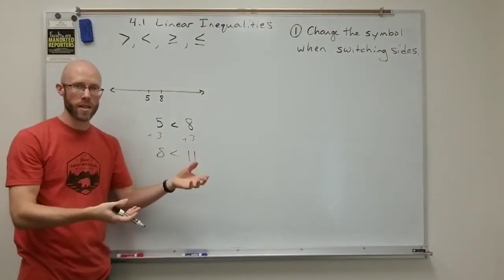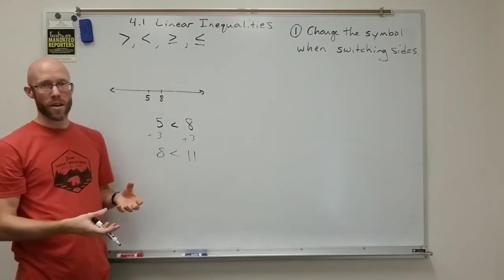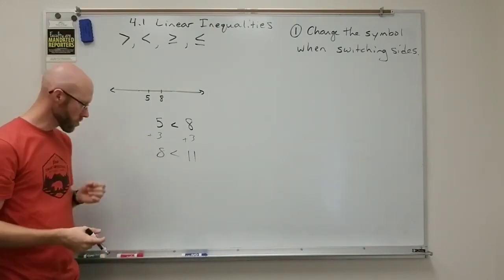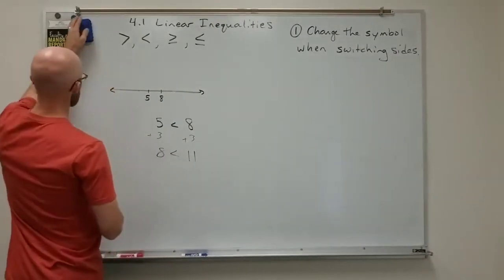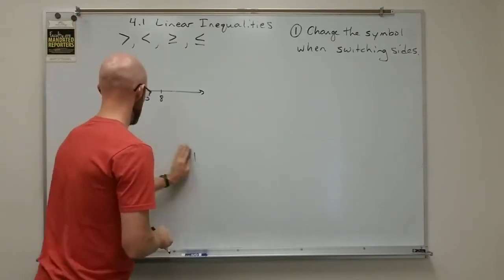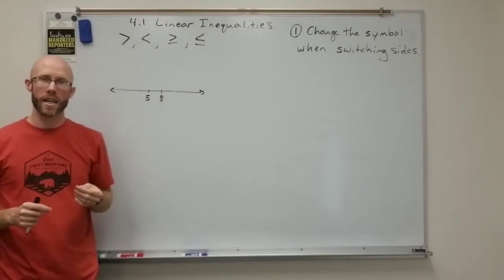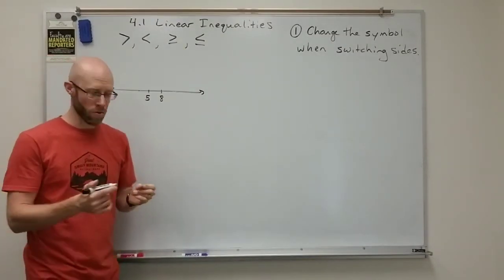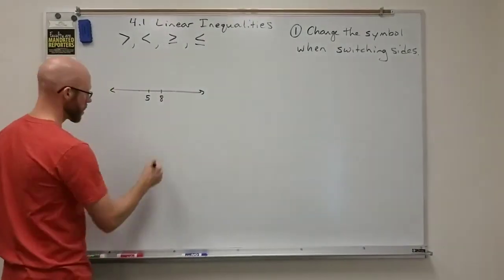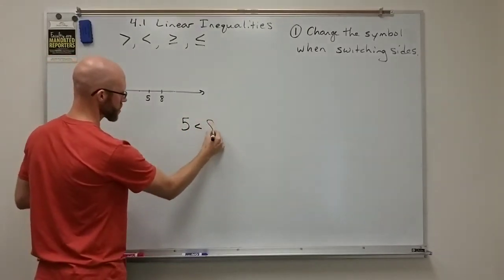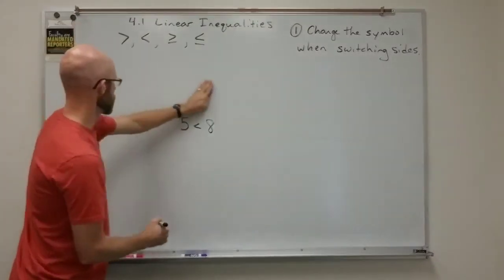Same with subtracting, and really same with a lot of multiplying and dividing. The only exception is going to be when we multiply by a negative number. Now think about this for a moment. If I again start with the inequality 5 is less than 8, let me redraw this.